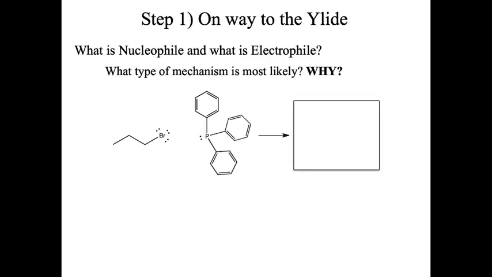So, our first step, we've got our alkyl halide and we have PPh3, Ph standing for phenyl. Okay? We know the phosphorus has a lone pair of electrons because we could go through and say it's in the same family as nitrogen.